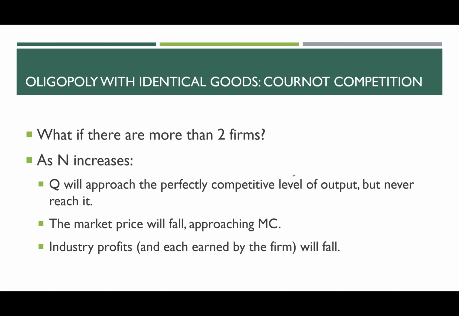Okay. So when it comes to oligopoly, the three models that we've evaluated with Cournot, if you have more than two firms, and if those number of firms in the market is able to increase, we're going to see market outcomes that approach perfect competition, right? They're not going to deviate very far from it.